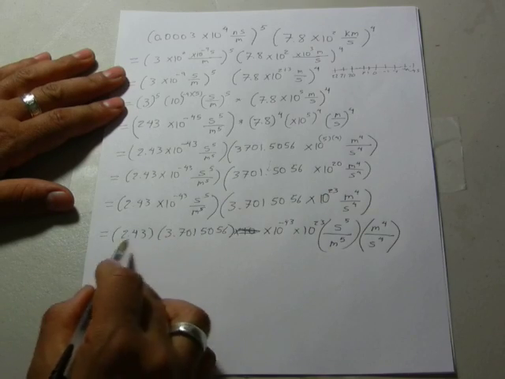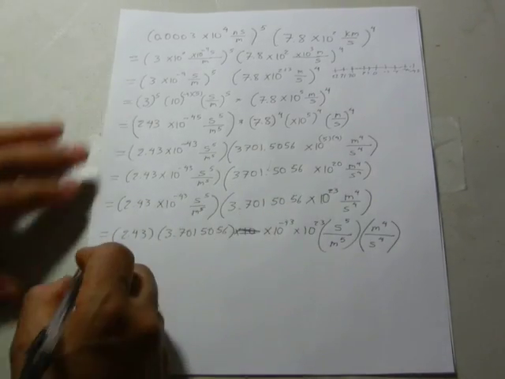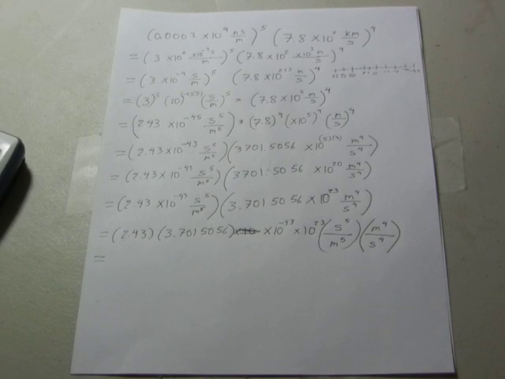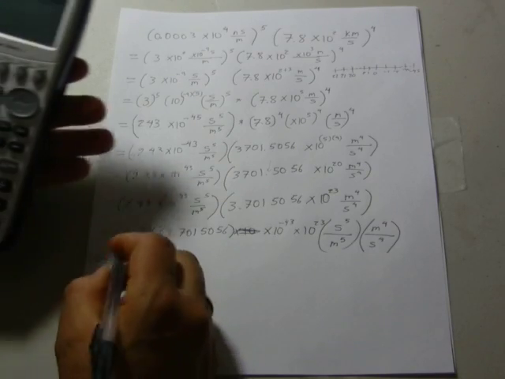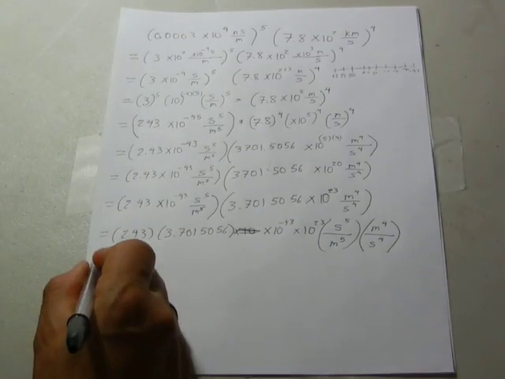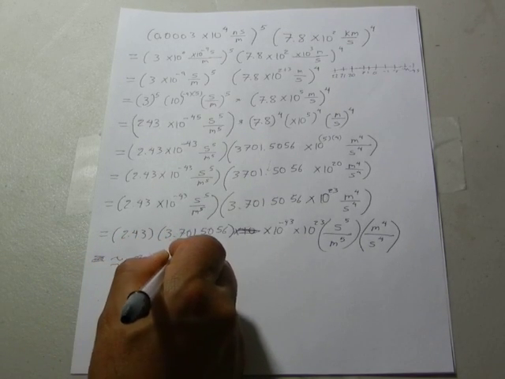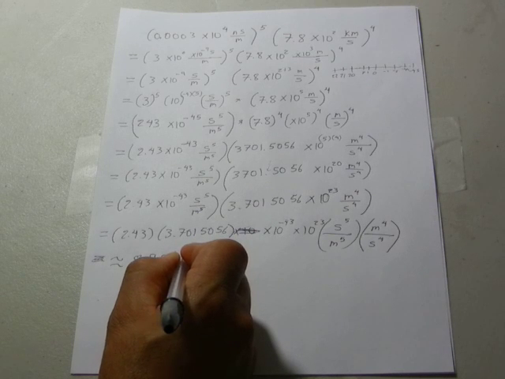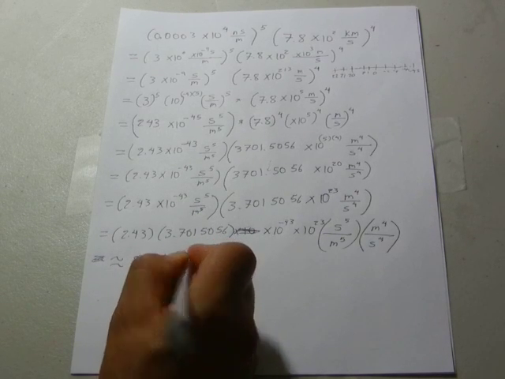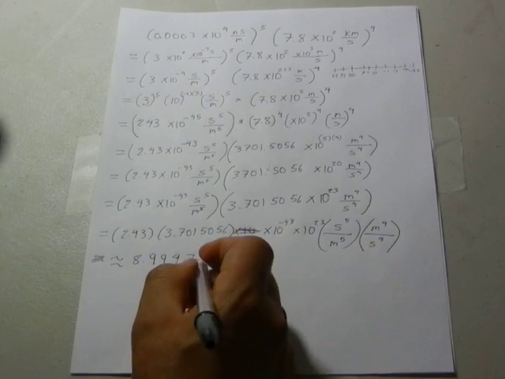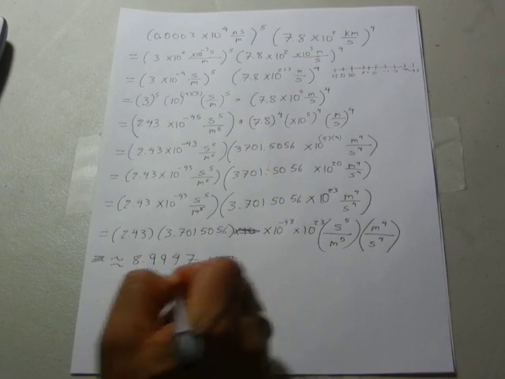Let's introduce in your calculator this, or directly all that part, something that your calculator can do. 2.43 times 3.7015056. I'm going to start to round here. 8.994, and I start to round 7, times 10.